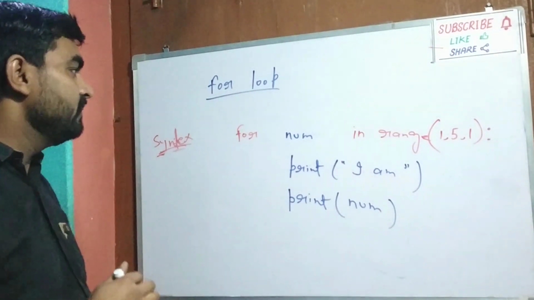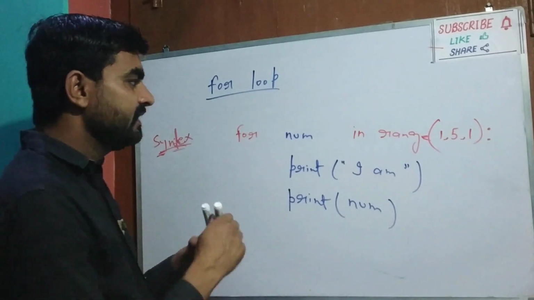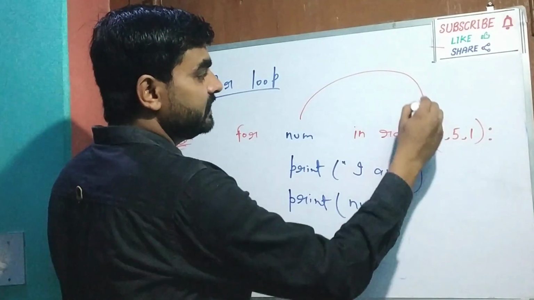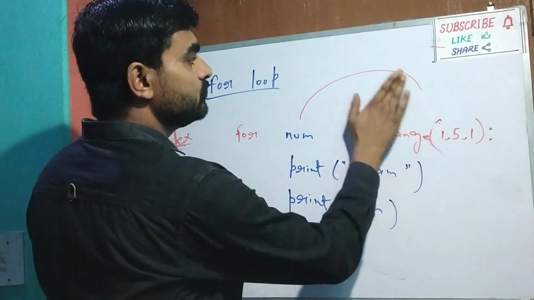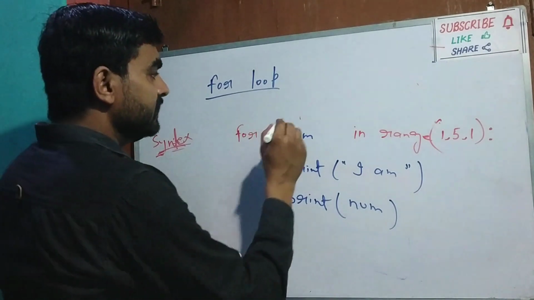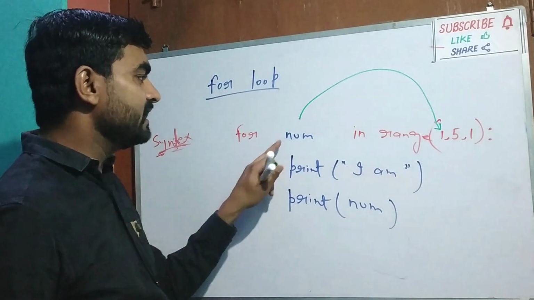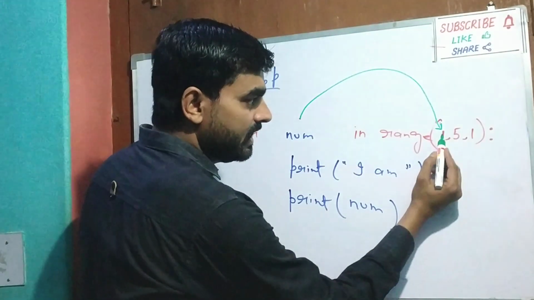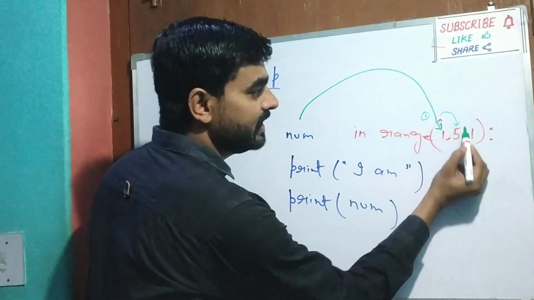Okay student, how will it work? First a num variable will be created, and it will start with this one. I am going to use another color of marker so that it will be easy for you all. Okay student, num will store 1 and it will start with 1. This is the first step. Again it will move to 5.